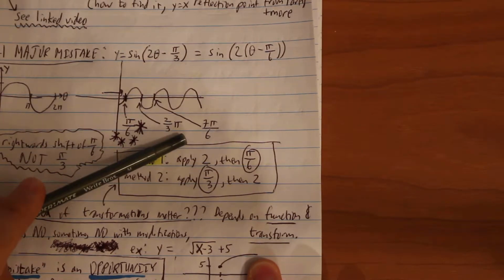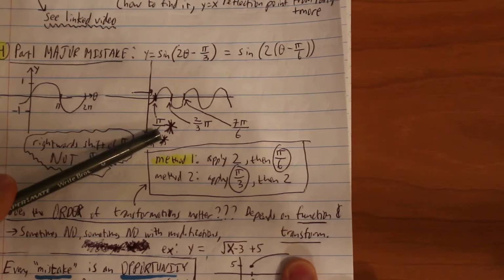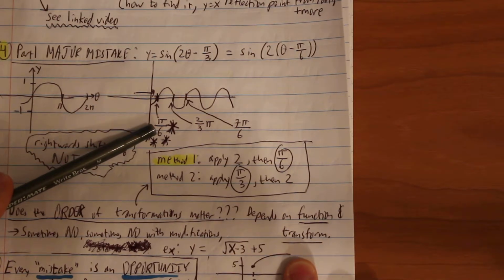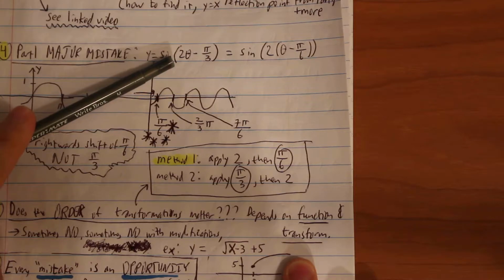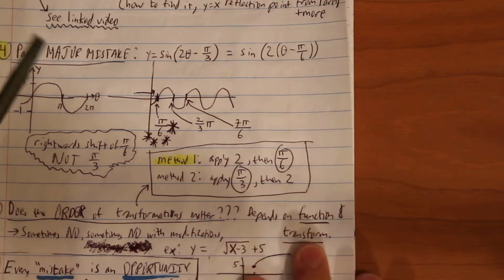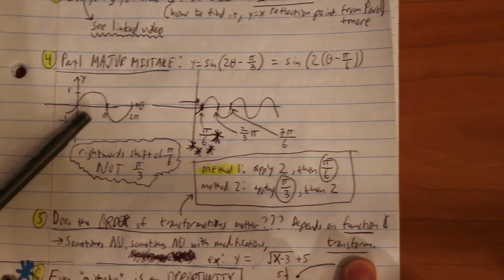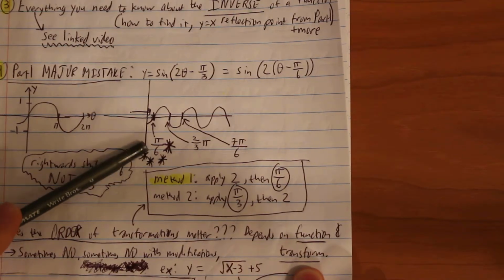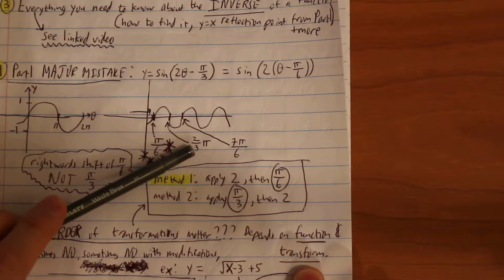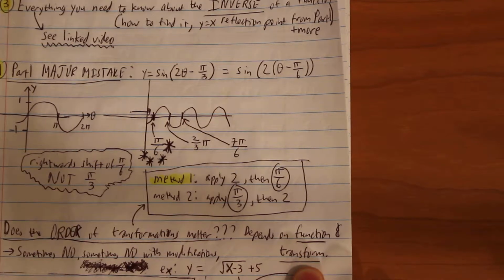How did I get these numbers? Well, I figured out this pi over 6, and since this 2 means that everything is compressed by a factor of 2, this move of pi is now only a move of half a pi. So if you add pi over 6 plus pi over 2, you should get that. If you add another pi over 2 to that, you should get that.